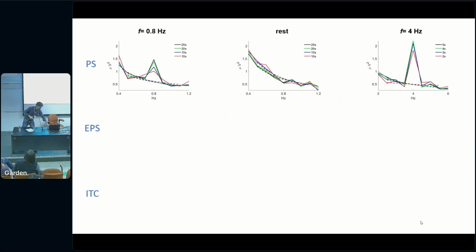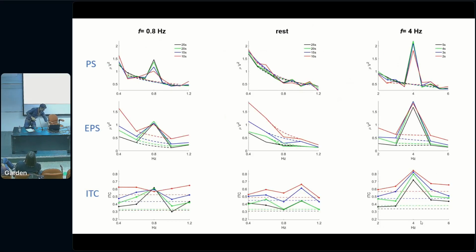And in fact, when I get to 10 seconds, which is really short, because 10 seconds is 8 cycles of 0.8 Hertz, in this case I have in fact 2 phases only. So the intertrial coherence cannot be used anymore, while the other two sort of resist.